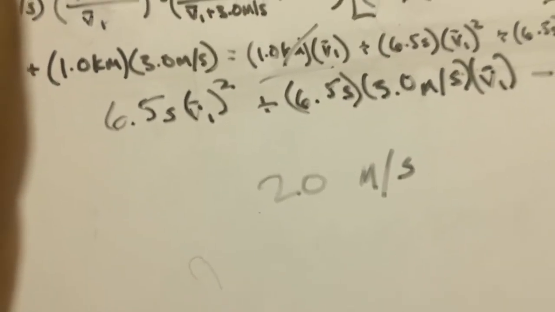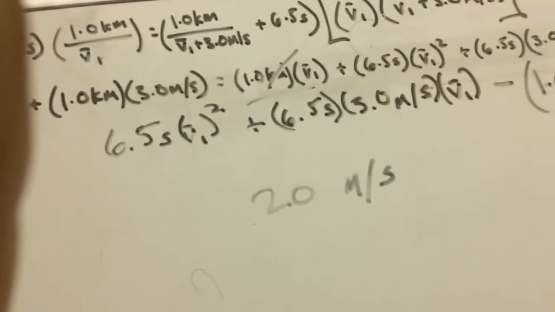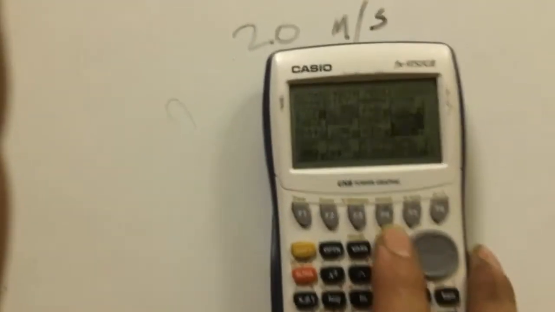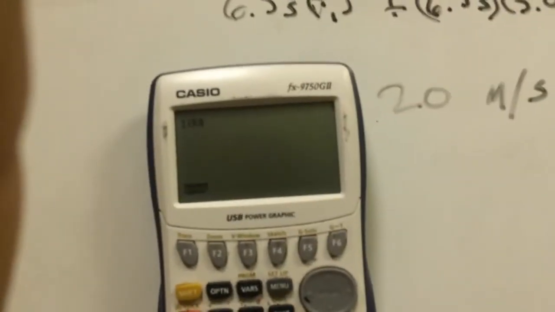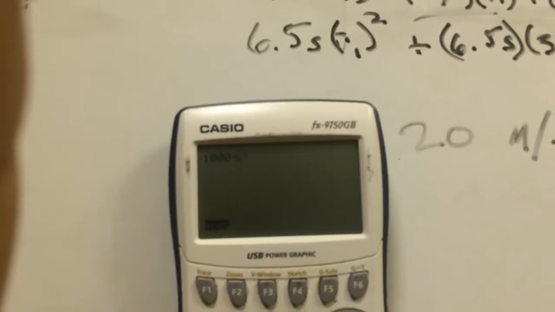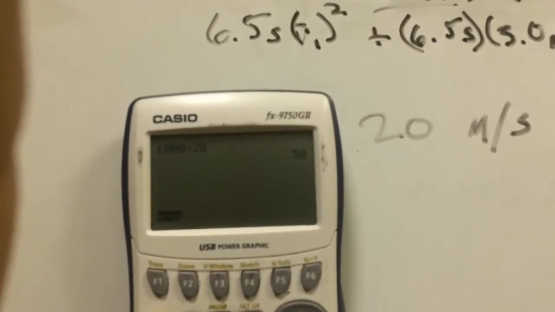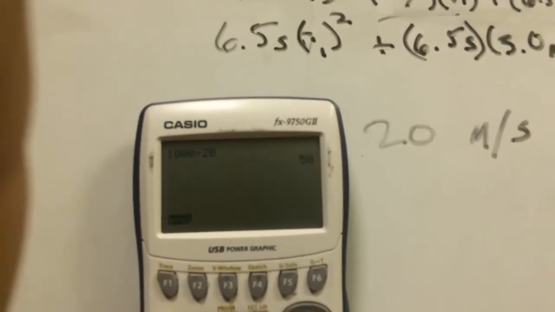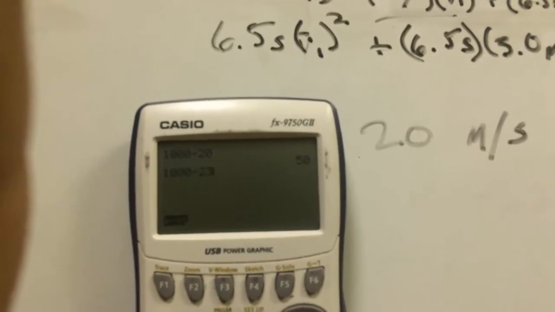This is our guess. Now we're going to check to see if it works. So we're going to go back to our calculator here. We are going to do 1,000 meters divided by 20 meters per second. That's 50 seconds. Now we're going to do 1,000 meters divided by 23 meters per second, right?